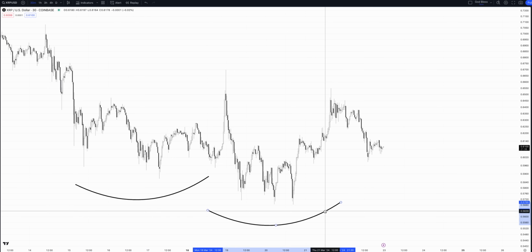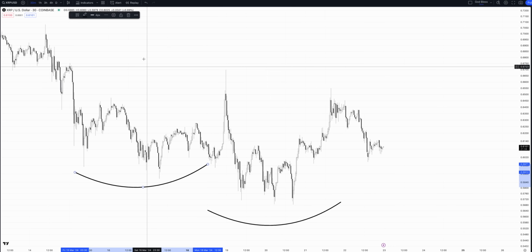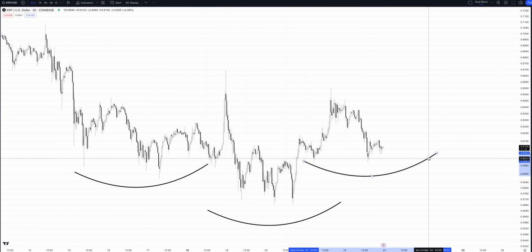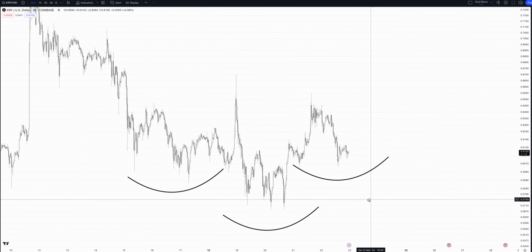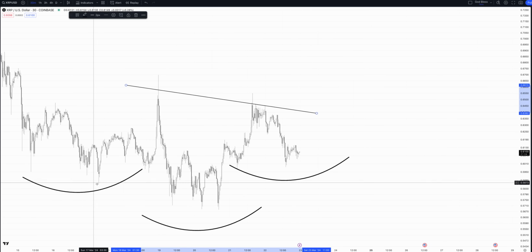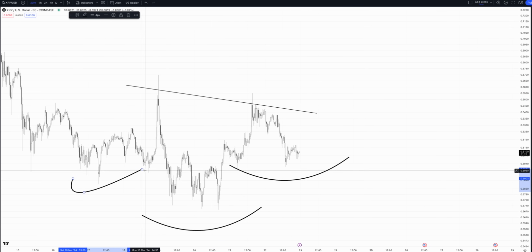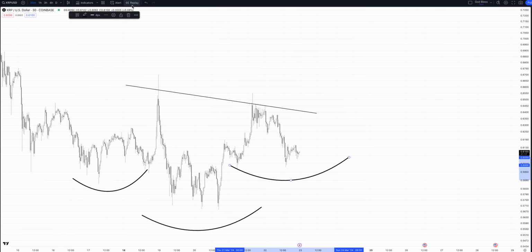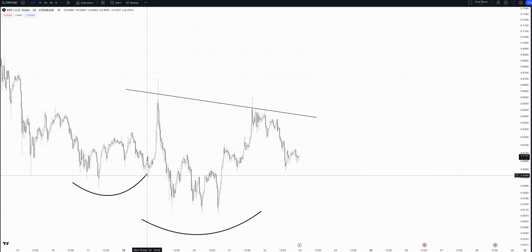Okay, this is your head, right? And then you have a right shoulder right over here. And then this over here would be your neckline, and this right shoulder would be a little bit smaller than what I showed. Okay, it would look something like this.